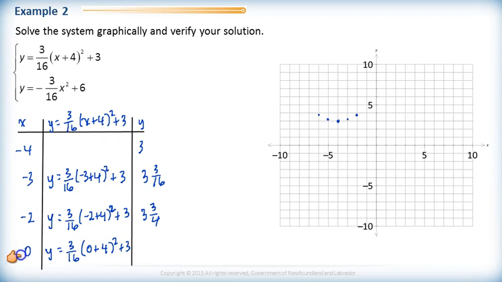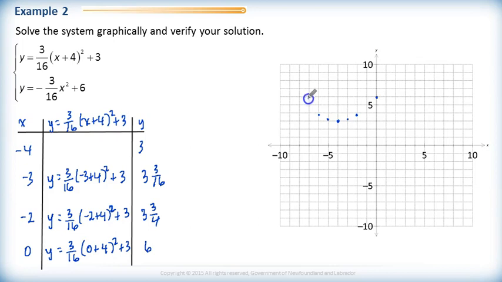So I'll skip over -1. I'll just go right for the y-intercept at 0. 0 plus 4 is 4, squared is 16. 16 times 3/16 will give us 3. 3 plus 3 will be 6. So I'll plot that point, (0, 6). That is 1, 2, 3, 4 spaces to the right of the vertex.